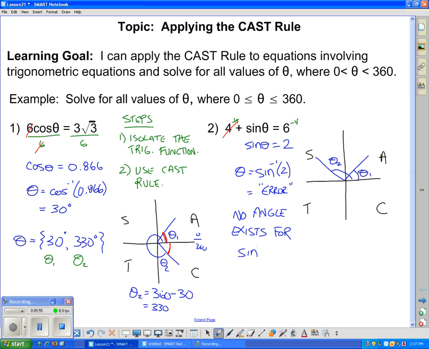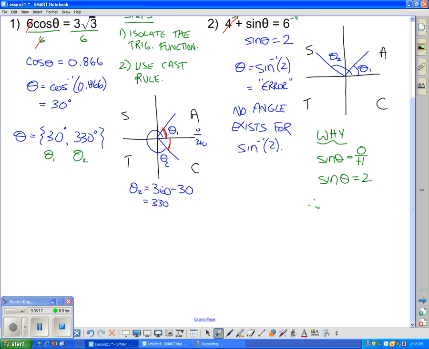For sine inverse of the value 2, here's the y. Sine theta is opposite over hypotenuse. So if sine theta equals 2, that would mean that opposite divided by hypotenuse is equal to 2.